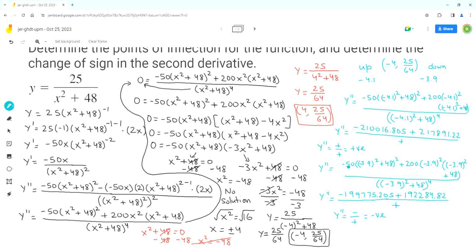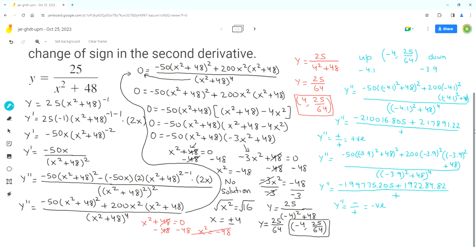Now we can analyze the other inflection point, and that is 4, 25 over 64. So now on the left side of this inflection point, we can use the test value 3.9 and on its right side we can use 4.1.